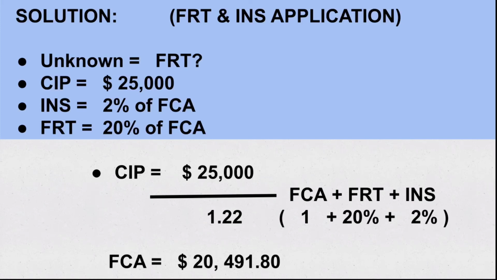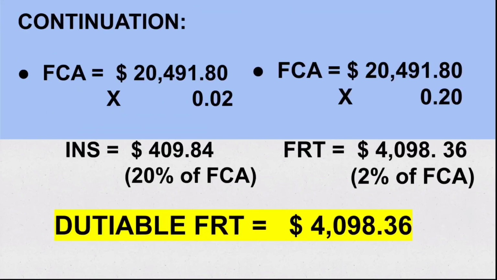Then, we have the FCA, $20,491.80. So, since we have the FCA, we multiply the FCA of $20,491.80 by 0.02, which is 2% of the FCA, and then we have the insurance of $409.84.